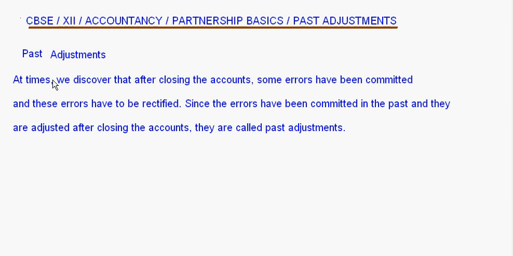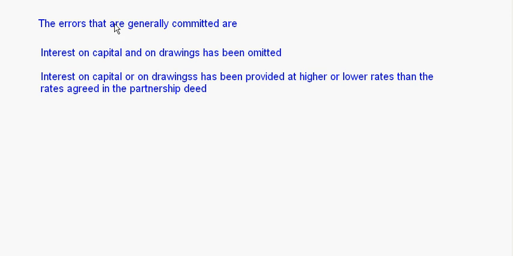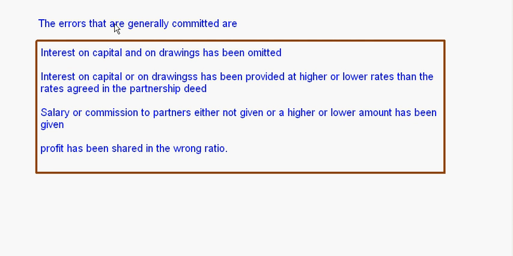Okay, now what are the different types of errors that are generally committed? Let's look at this. Interest on capital and on drawings has been omitted, so they have completely omitted to give the interest on capital or drawings. Or it can be that the interest on capital or drawings has been provided at a higher or lower rate than what was initially agreed upon.